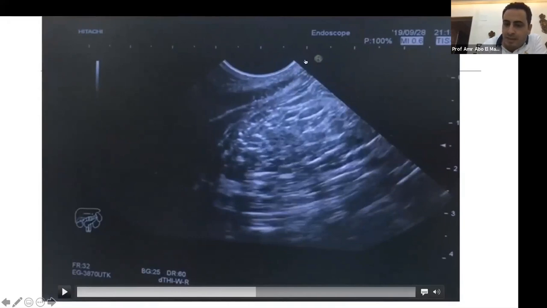So the subcutaneous part of the anal canal, or the lower third of the anal canal, is totally surrounded by the external anal sphincter only. There is no internal anal sphincter at the lower third of the anal canal.